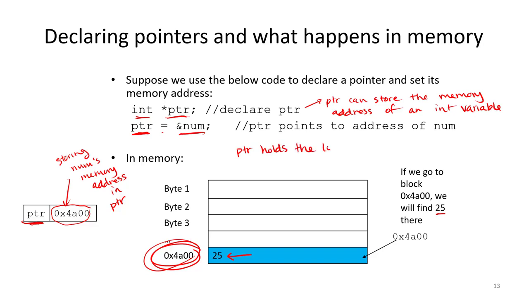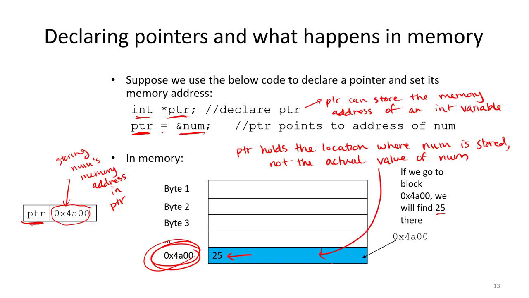So ptr holds the location where num is stored, not the actual value of num. So remember, pointers hold memory addresses, or locations in the memory.